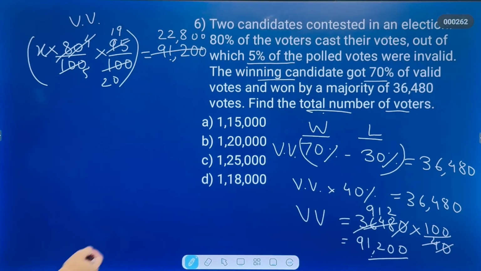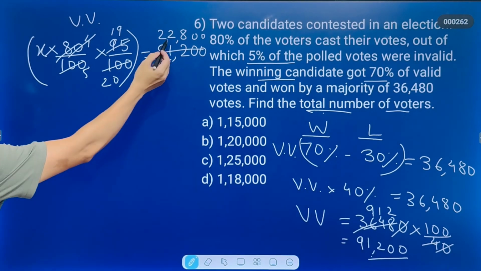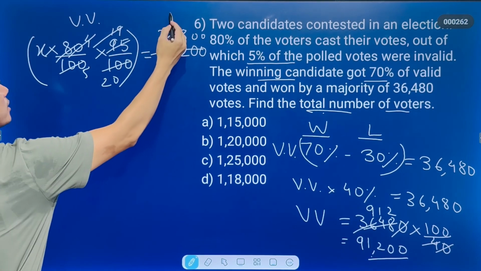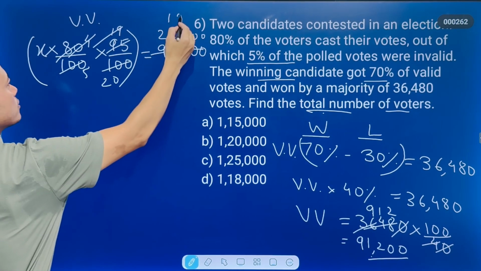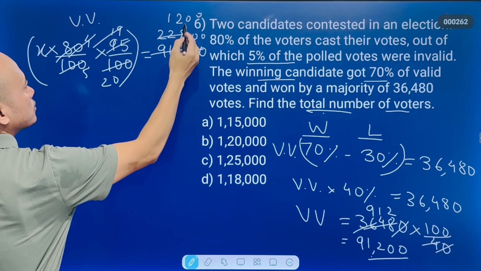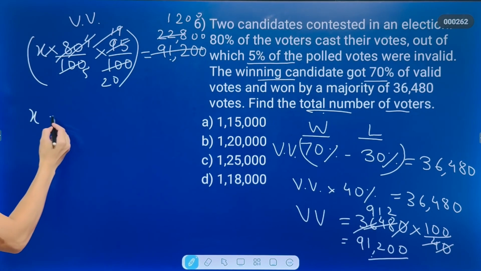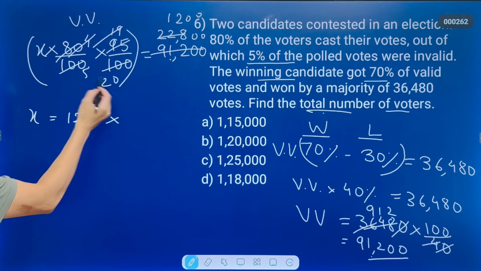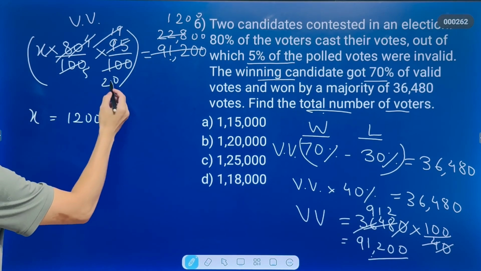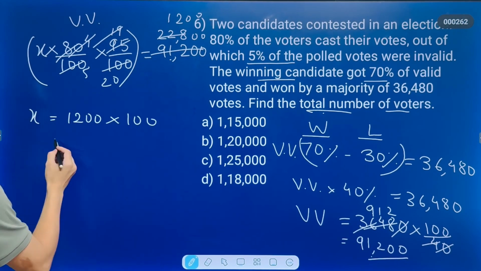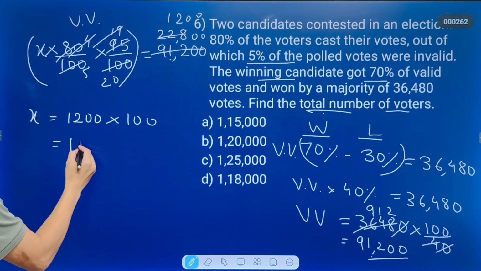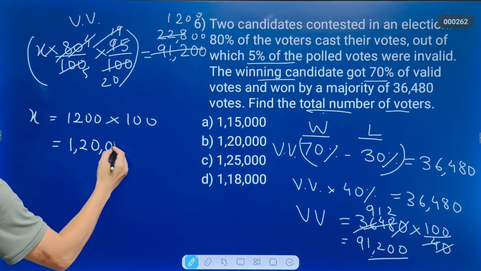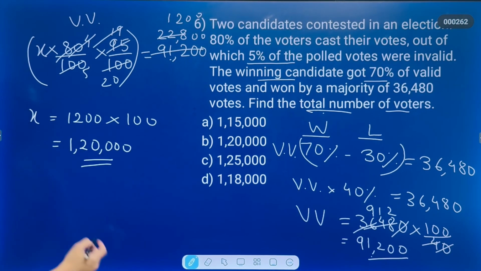Now we can see all are round figures, so definitely this number will be divisible by 19. 19 ones are 19, 19 twos are 38, 1200. So x is equal to 1200 into the denominator, 5 into 20, that is 100. So the answer will be 1,20,000.